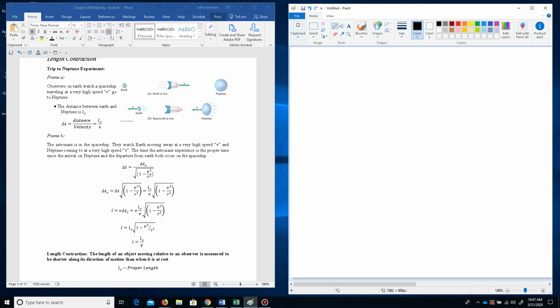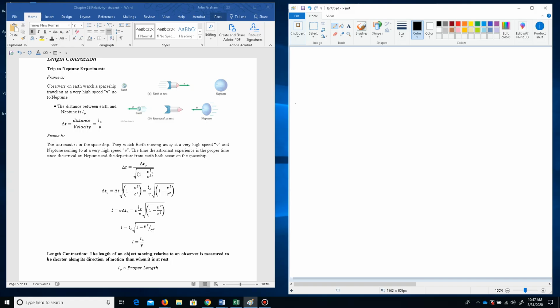Now we're going to look at a different frame, and that is the astronaut on the spaceship. They watch the Earth moving away at very high speed V, and Neptune coming to them at very high speed V. So as they see it, it looks like the planet's moving towards them at some very high speed.